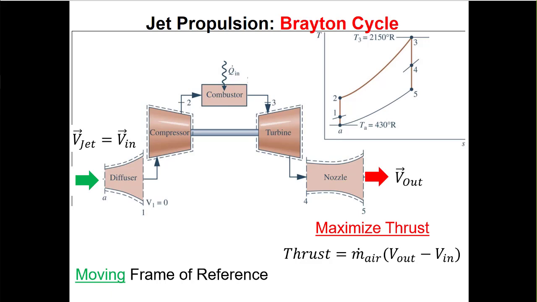This means kinetic energy is going to be important, at least in 2 states in this cycle: at the inlet of the diffuser and the outlet of the nozzle, the 2 states that touch the air, also the 2 states that do not touch the Brayton cycle in the middle. We got to watch our units when we're talking about kinetic energy. And then we got what's going on in the middle here.